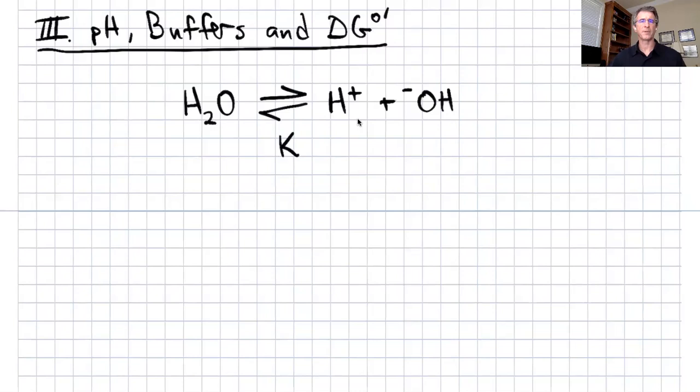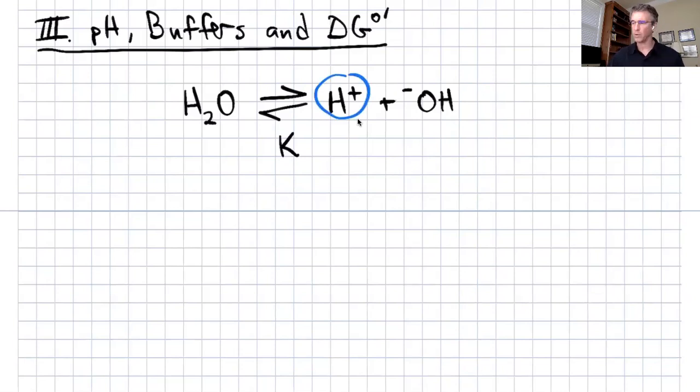Notice that for our purposes, thinking about this equilibrium, I'm going to drop the EQ, right? But that uppercase K is the equilibrium constant for the dissociation of water. Now, you probably remember, or hopefully you remember, that protons don't in general go floating about by themselves like this, right?